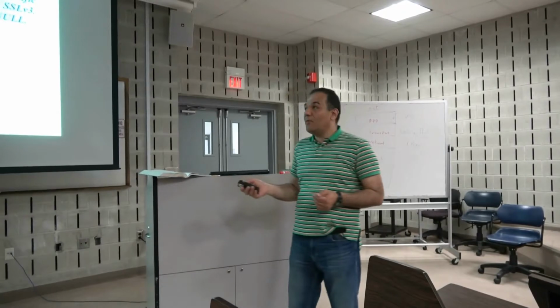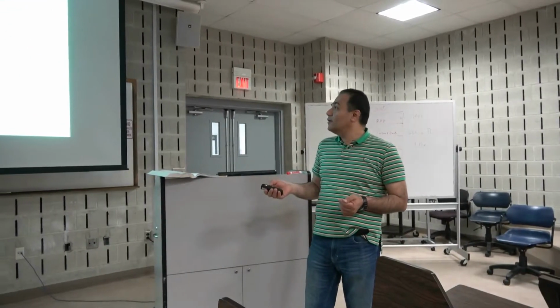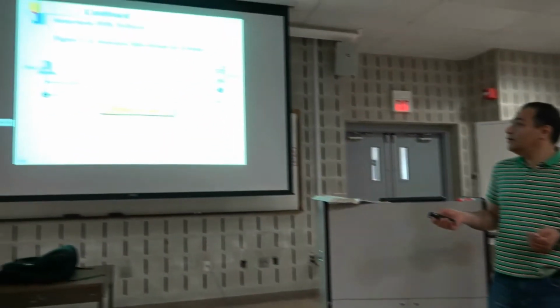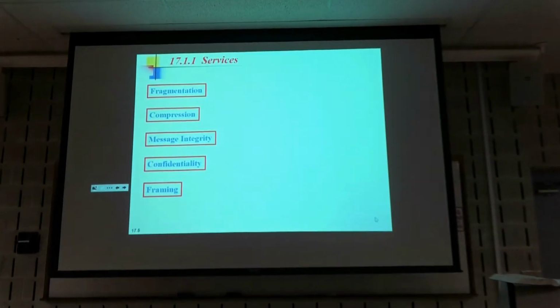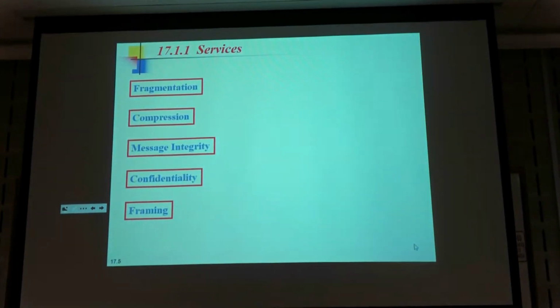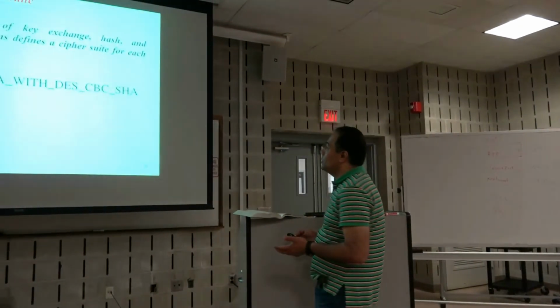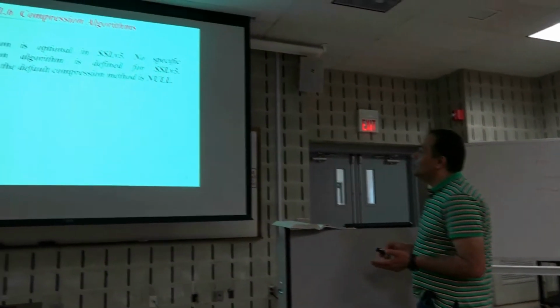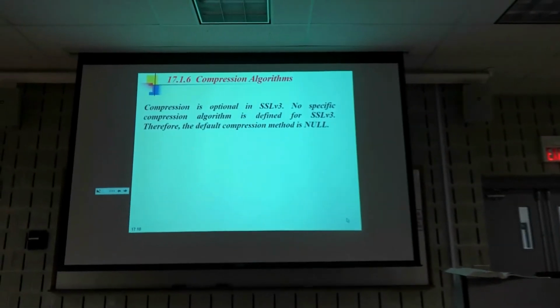So, compression and security. In terms of security, how many services do we have? One, two, three, four, five. So security has five services, and you have compression. Compression is optional in SSL version 3.